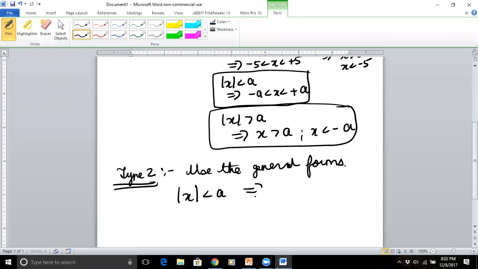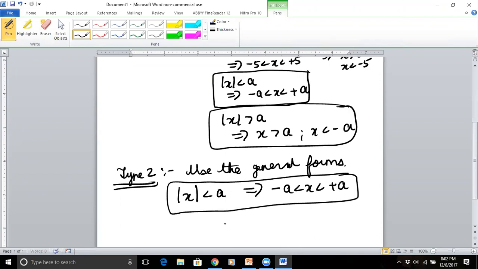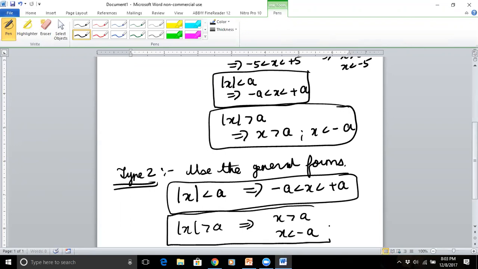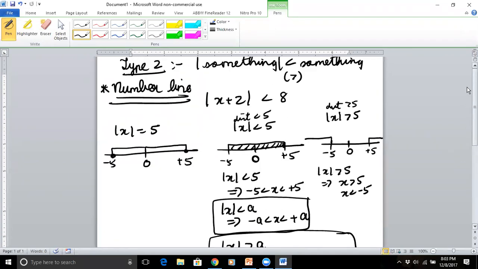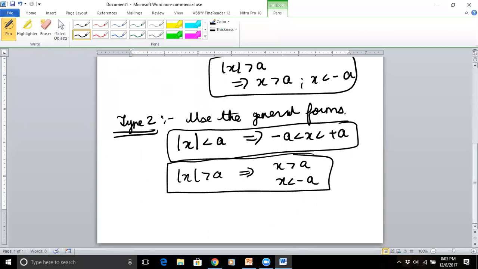Mod of x less than a: the range would always be between minus a to plus a. And mod of x greater than a would give you a range of x to be greater than a and x to be less than minus a. That's how you would look at type 2.